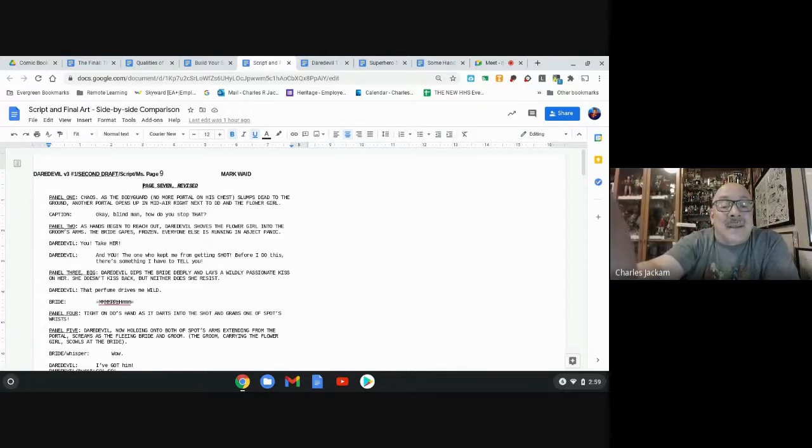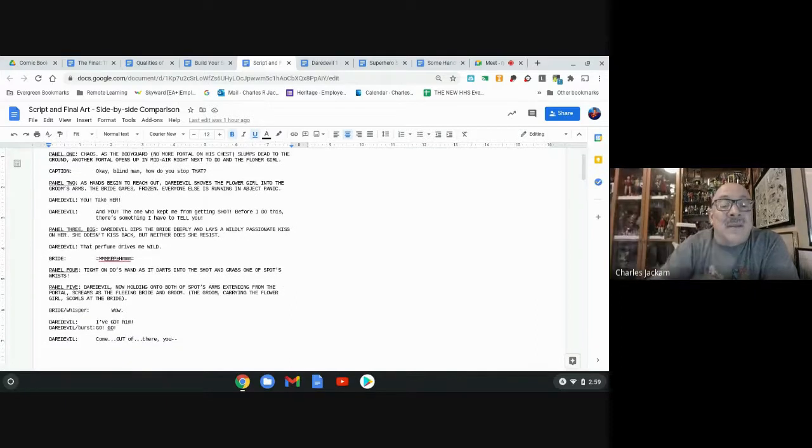And then panel 3, and you'll notice he gives his artist a little extra information there. Big. So in other words, this particular panel, this picture is larger than the others because that's going to be the place where he wants to give a lot of punch on the page.